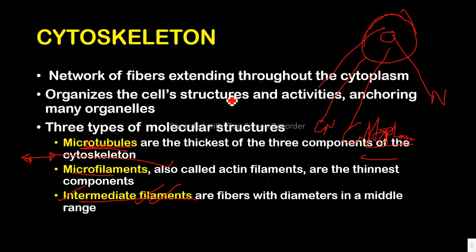So, are you trying to say that the cytoskeleton is also divided into these microtubules, the microfilaments, and intermediate filaments? Yeah, that's it. Or are they just types? Okay, let me answer that.